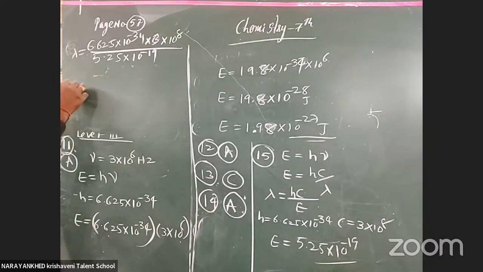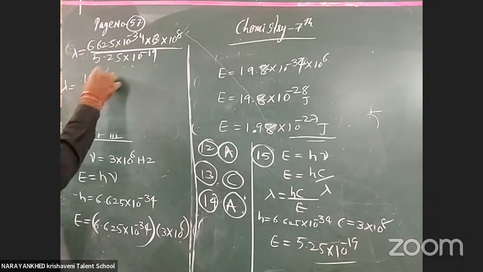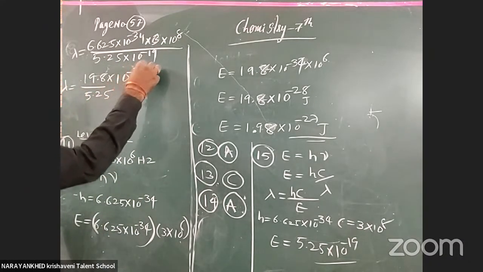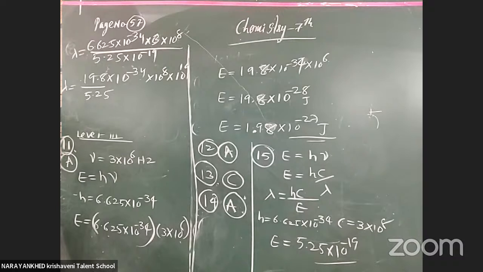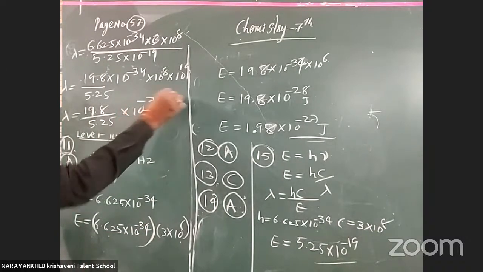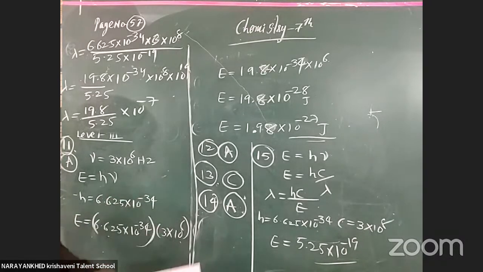Now you have to solve it mathematically. 3 into 6.625 is somewhat 19.8, into 10 to the power of minus 34 plus 8, which is minus 26, then minus 19, so minus 27 to be written. So 19.8 by 5.25 into 10 to the power of, 8 minus 27... it becomes minus 7. In the order of minus 7, only one answer is there.